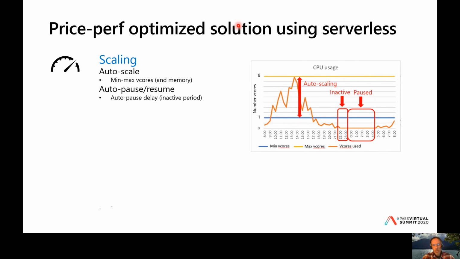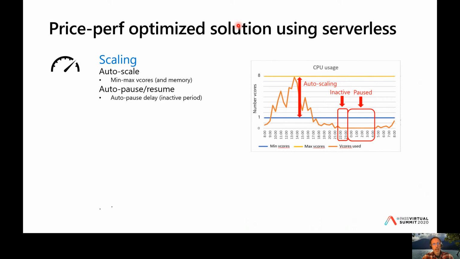And so whatever the workload demand of the database is, at any point in time, the service is able to automatically scale the resources in order to satisfy that workload demand within this compute range that the customer is able to specify.